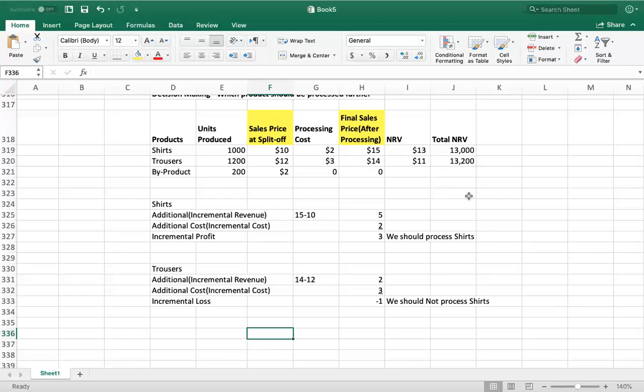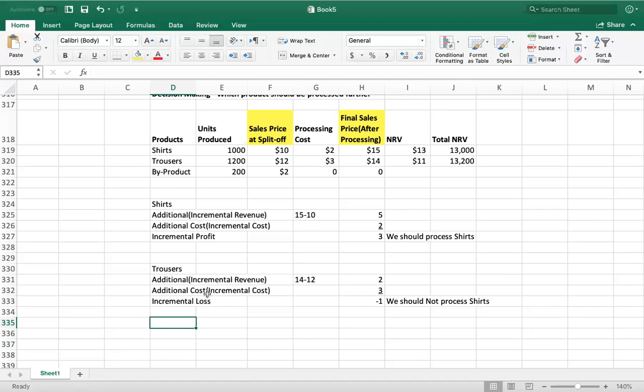First you will do this small calculation, and then you will write in 1 or 2 lines that if we further process shirts, then we will get incremental profit of $3 on each, and trousers we should not process further. If we further process them, we will get a loss of $1 per unit.